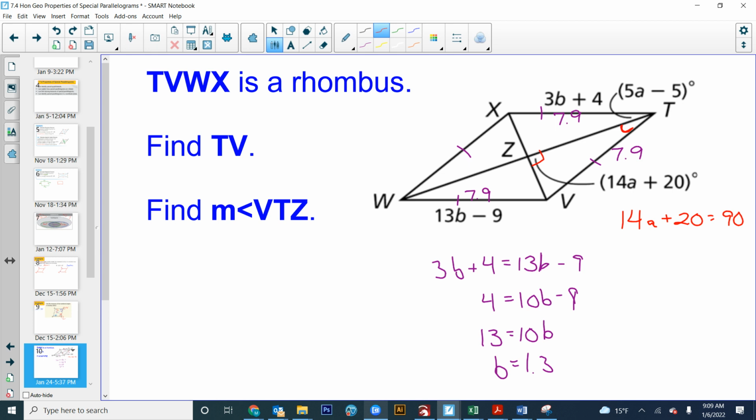The diagonals in a rhombus are always perpendicular. We can set that angle equal to 90. Divide by 14. So a is 5.